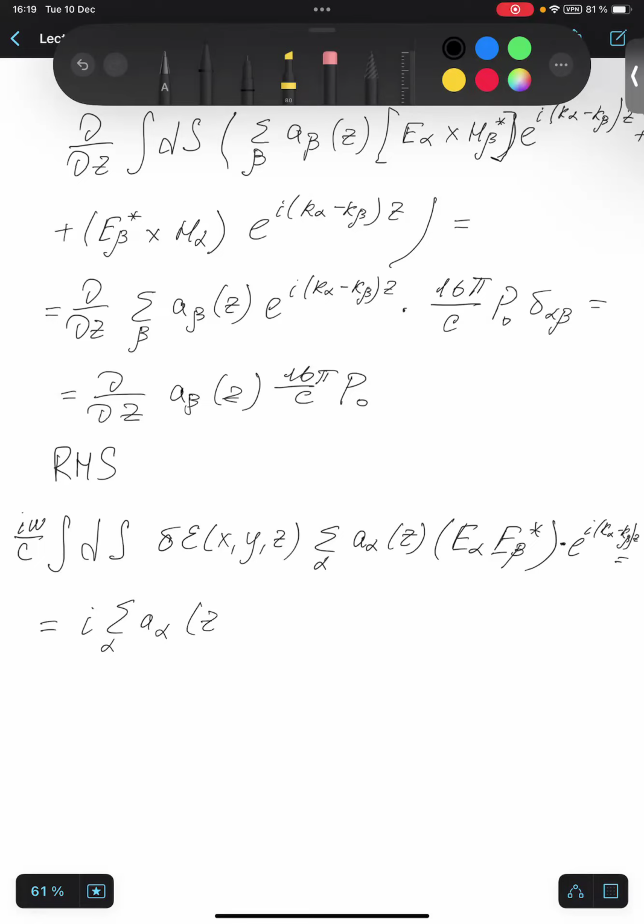I also forgot the omega over c. Delta epsilon(x, y, z) and our fields.